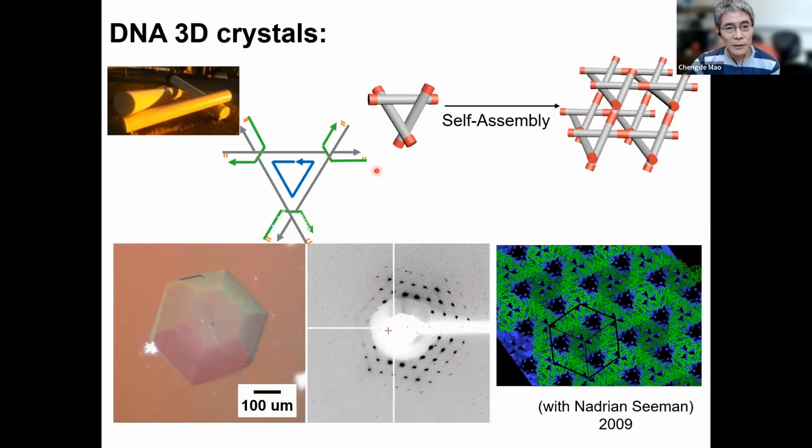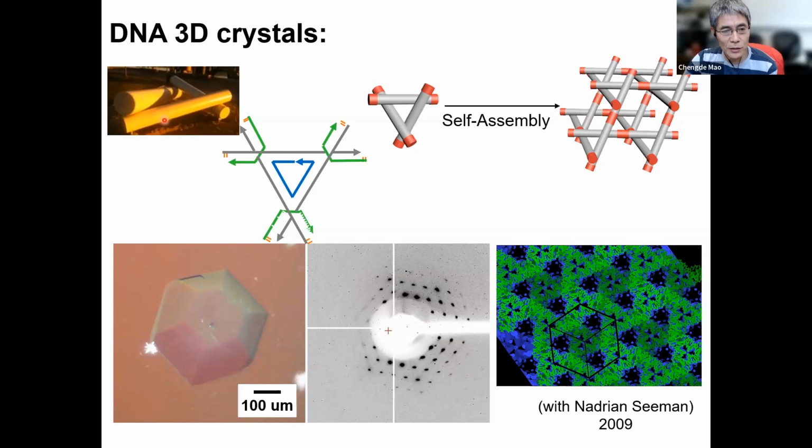The first structure we engineered, we call a DNA tensegrity triangle. On the left here is a structure model, an example of this building block. This photo I took in Arizona when I visited my friend Hao Yan at ASU.